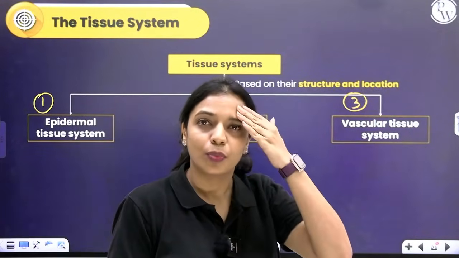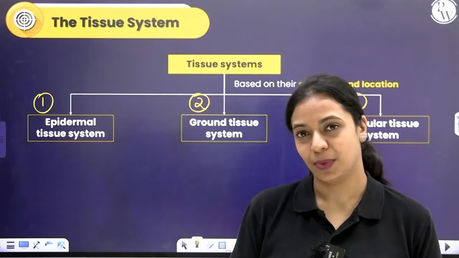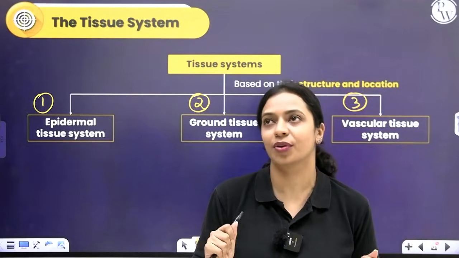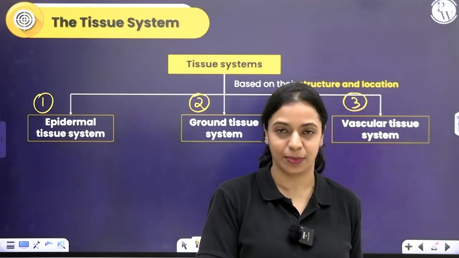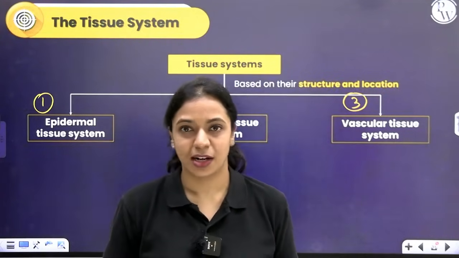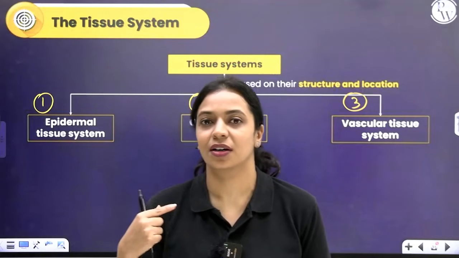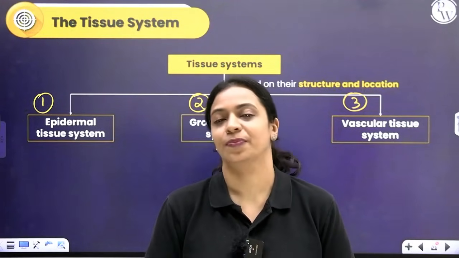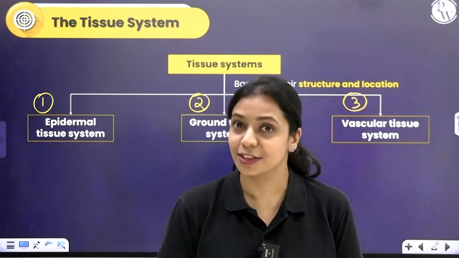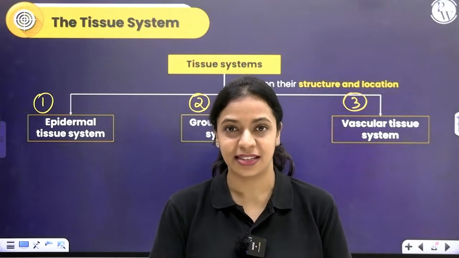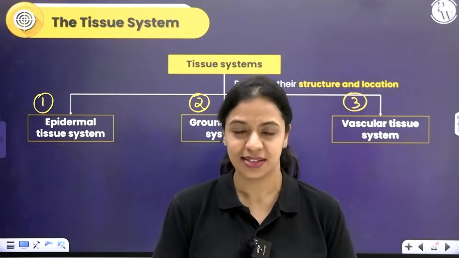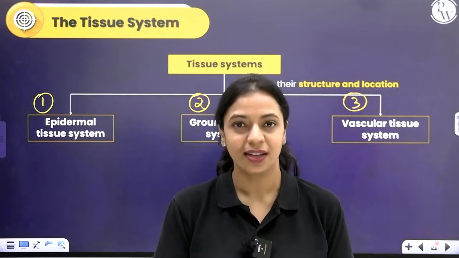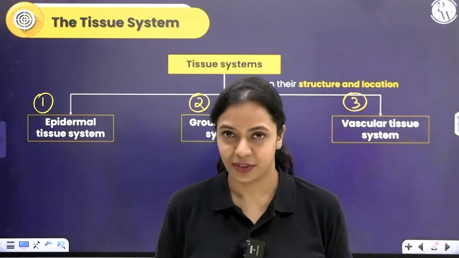Since you are more familiar with tissues in animals, I will give you an example of how you can compare the plant tissues with animal tissues. If you consider tissues in animals, we have four different types. We have epithelial tissue, connective tissue, muscular tissue, and neural tissue. Similar to how our epithelial tissue is protective in function, it either lines the outside or the inside of our organs, inside of all our blood vessels and everything. Basically, epithelial tissue is protective in function.